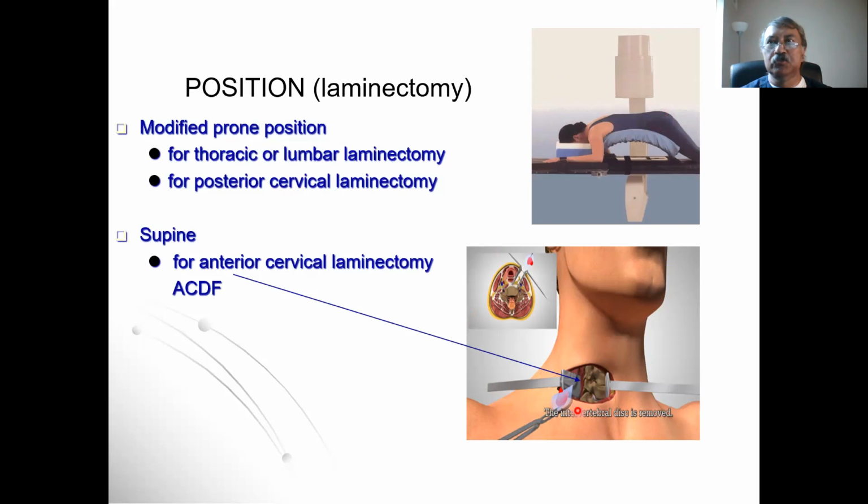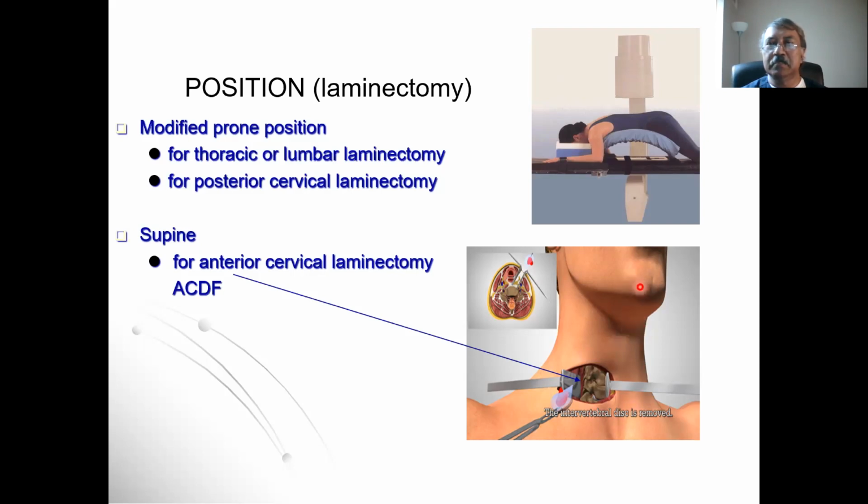Other position is supine, when they are trying to work on the cervical area anteriorly. The cervical lamina and the vertebra can be accessed using the supine anterior position also. Here you are seeing a patient positioned supine and the neck is exposed.